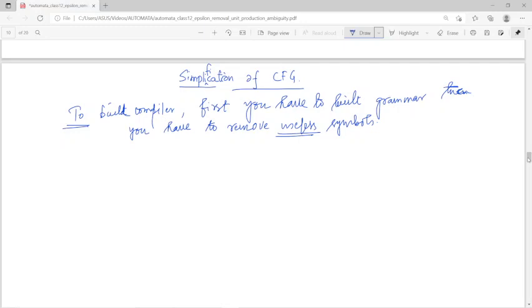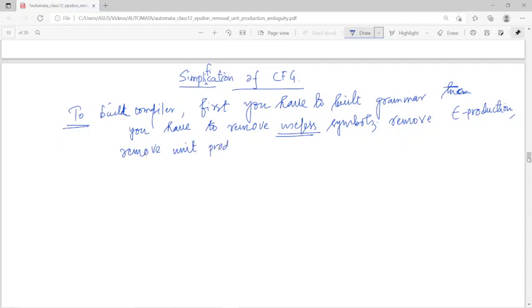We will go step by step, and we will see how to eliminate epsilon productions, how to eliminate unit productions, and how to eliminate useless productions. That means remove useless symbols, remove epsilon productions, and remove unit productions.